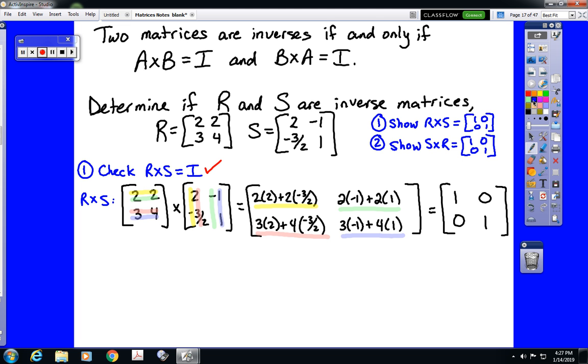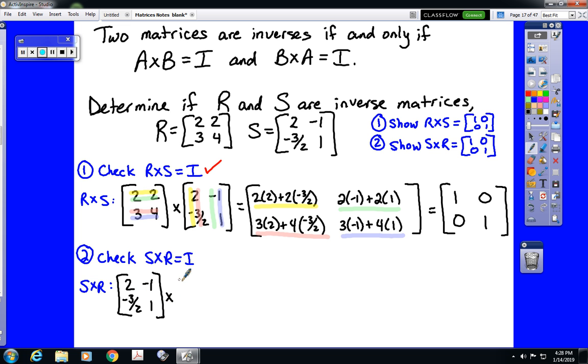So then we move to the second half of the problem, because that is not enough to declare them inverses. We still have to check and make sure that S times R is equal to I. Now you might be thinking, gee, that sounds like it's exactly the same, but it's not. Matrix multiplication is not commutative. R times S is not the same as S times R. So we would take those matrices and we would switch them to 2, negative 1, negative 3 halves, 1.